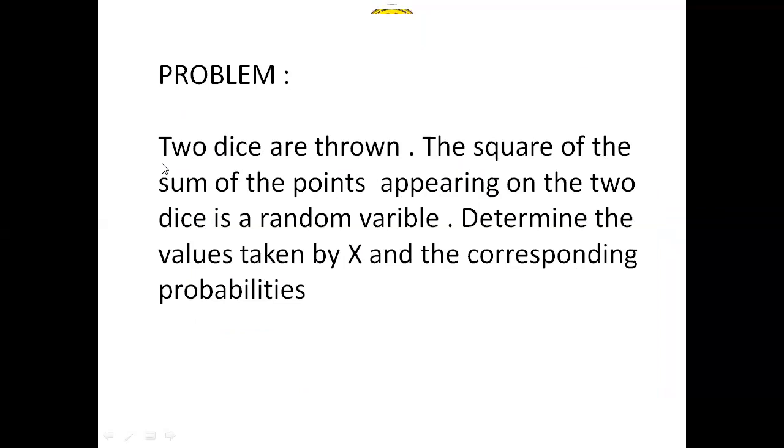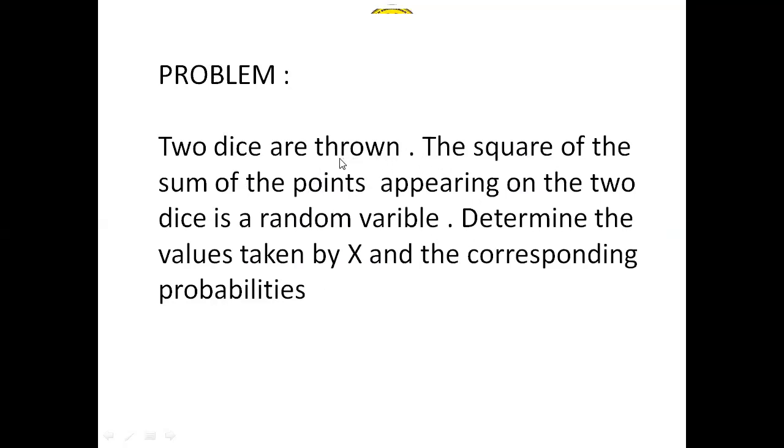See here, two dice are thrown. The square of the sum of the two points appearing on the two dice is a random variable. Determine the values taken by x and the corresponding probabilities. First, study this problem.